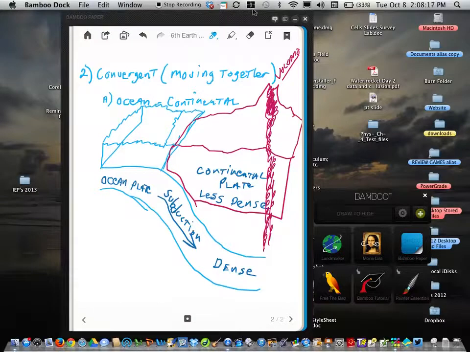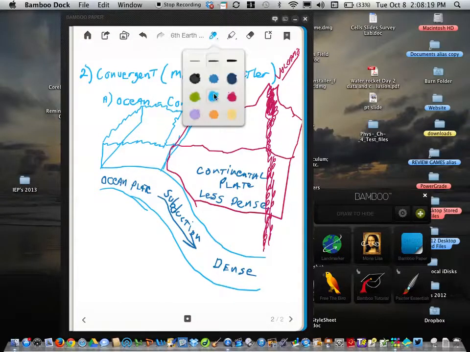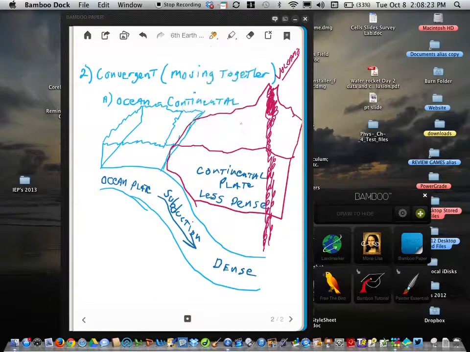And this right here could be, for instance, Mount Whitney, Mount Hood, Mount Lassen. So we're going to call this Mount Lassen. And sometimes you get coastal mountains forming right here close to the coast.